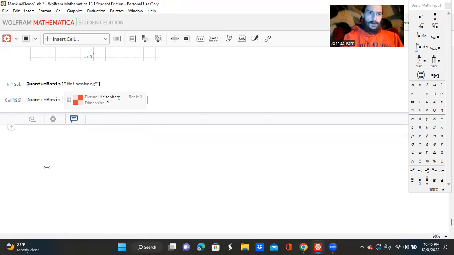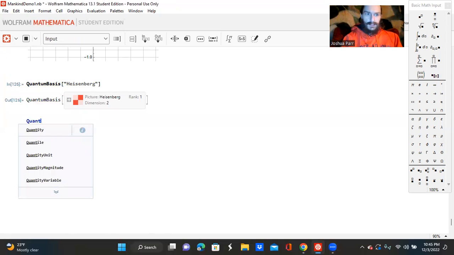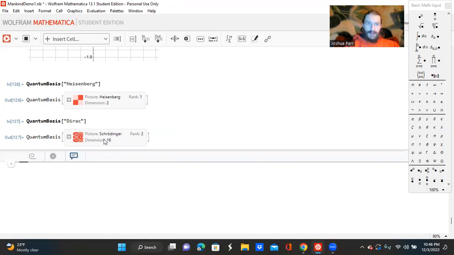Okay, so now the next thing on the line. Let's look at some more quantum basis, some of the named ones, and what they look like. So another quantum basis is the Dirac basis, and it looks like that.